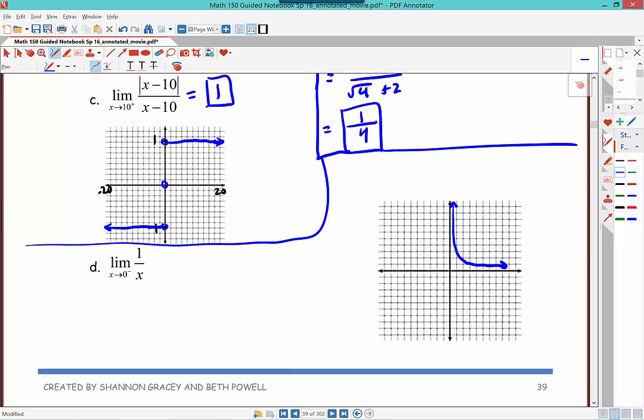And when x is negative, all the outputs will be negative, right? So you're going to have outputs just in the first and the third quadrants. So what would you say as x approaches 0 from the left side? If you look at this graphically, do you see you're going down to -infinity? Good. So basically, this one, why don't we say equals -infinity?